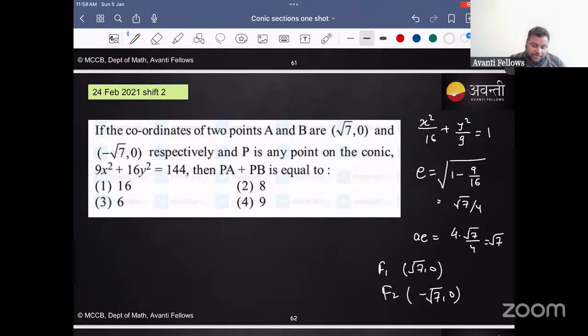So PF1 plus PF2 comes what? It is 2A. Now, according to the ellipse, A square is given as 16. So A is 4. So 2A is 8. Understood? That is also a previous year question from 2021 JEE Mains.